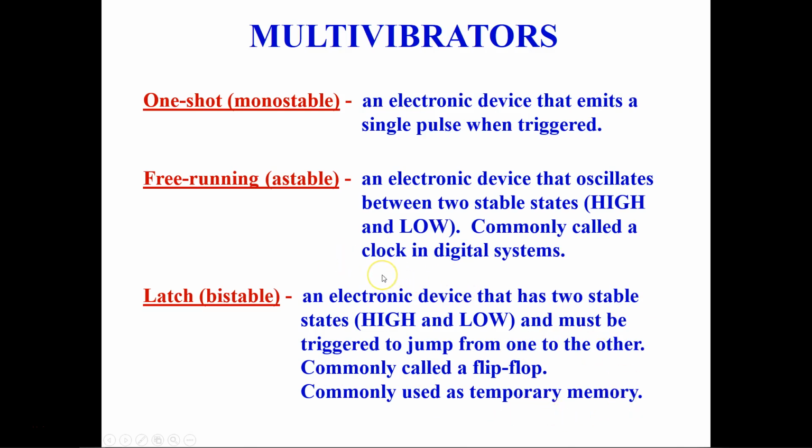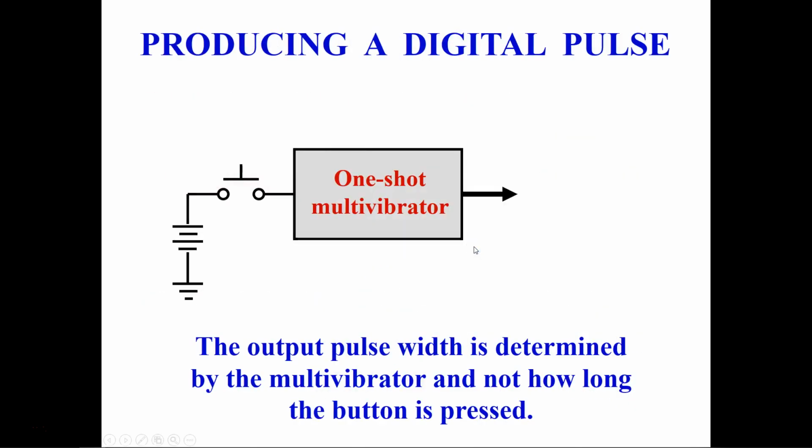So let's see how a digital pulse is produced in a one-shot multivibrator. Here this is a one-shot multivibrator. As this switch goes down and connects to the supply, one shot is created, and the length of the shot depends upon the circuit of the multivibrator.